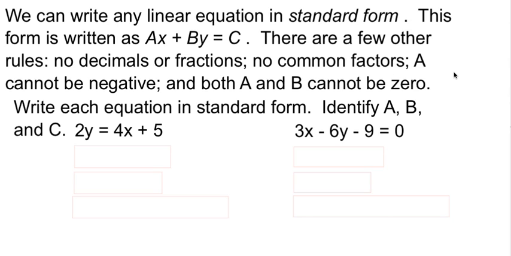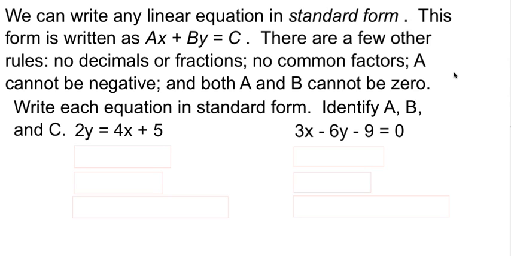A, b, and c are all numbers. Now, when you're in standard form, and this only applies to standard form, ladies and gentlemen, standard form has a few special rules. You're not allowed to have decimals or fractions, so you're going to have to take care of those.